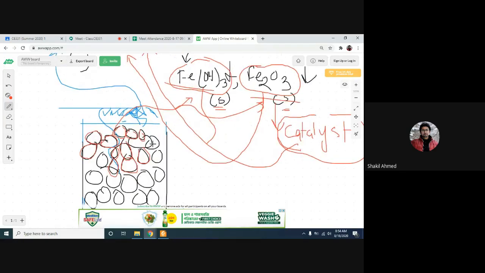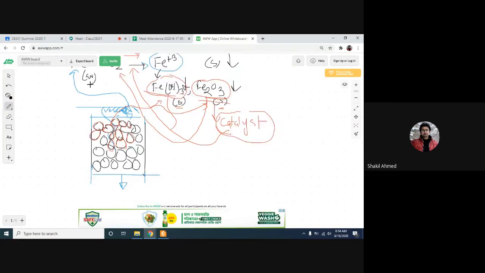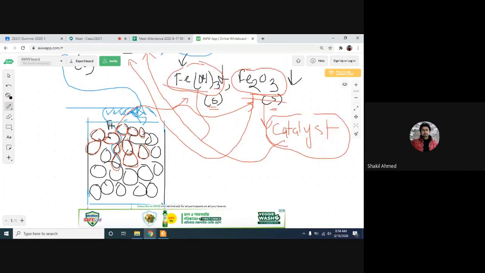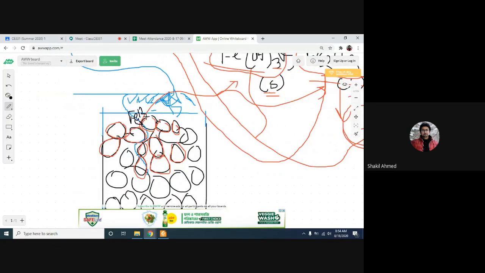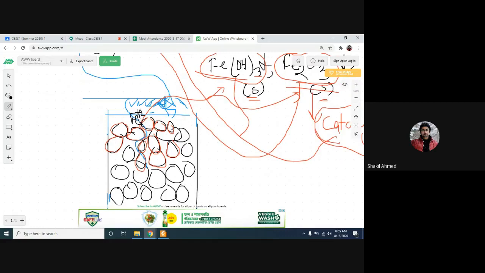This is the layer of ferric hydroxide and ferric oxide, right? Now you can see that more ferrous is coming. These ferrous ions are adsorbed onto the surface of the ferric form, and when they are adsorbed, their oxidation process is faster.